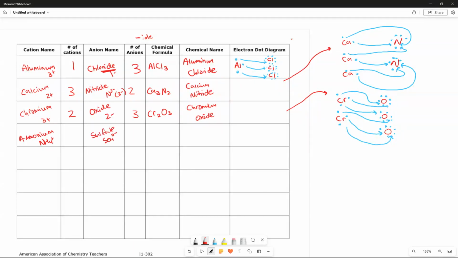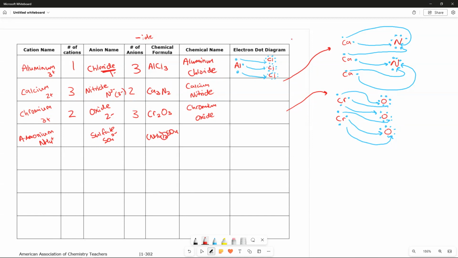And so for every one sulfate, we're going to have two ammoniums because ammonium has a 1+ charge, sulfate has a 2-. So (NH4)2, we need parentheses here because it's a polyatomic ion, and we have more than one, SO4.